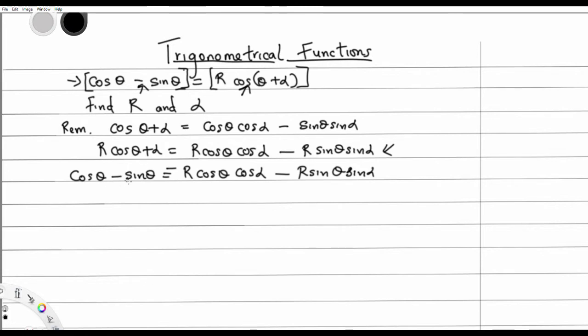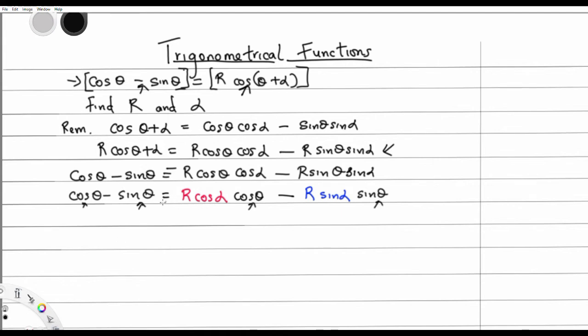Now from what we see here, some things are already clearing out. Let me use color to separate it. We can see r cos alpha cos theta minus r sin alpha sin theta. I decided to put it in color so that we can see what is going on. We have cos theta here, sin theta here.